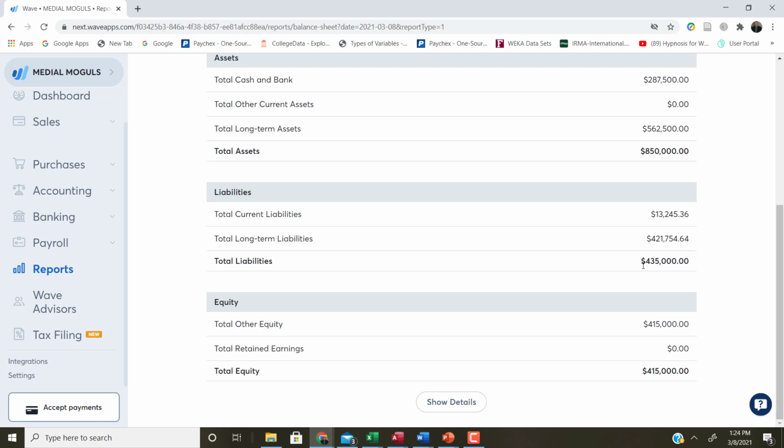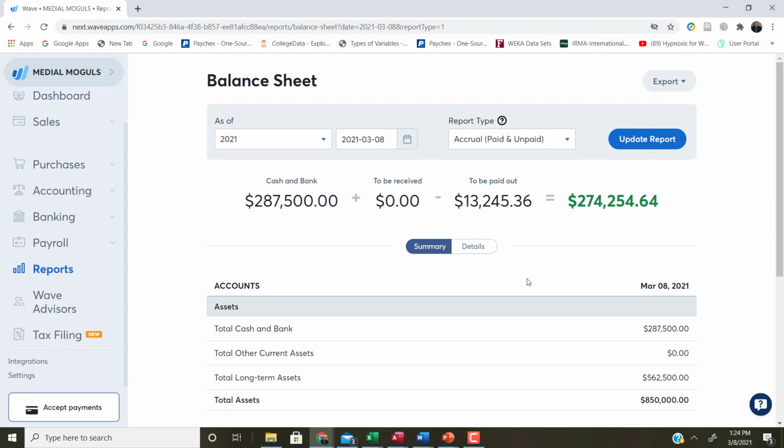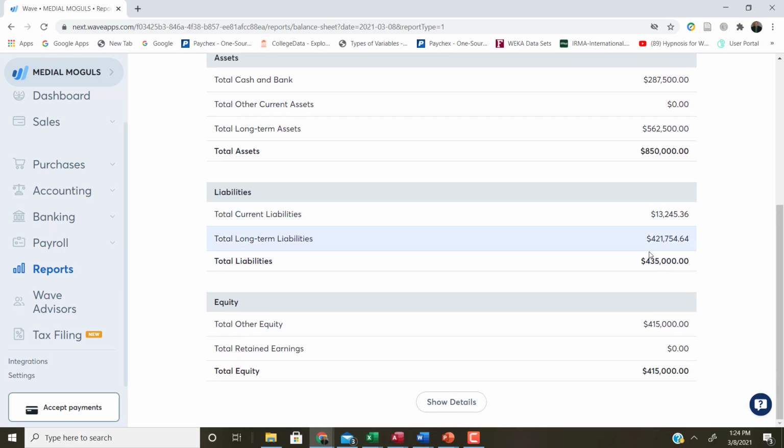But if you'll notice here, I've got my liability side, here the total current, and this is going to equal this guy right here, by the way. And here are the longer term liabilities. What they don't do is they actually don't add these two together in terms of total liabilities and equity, which is what you would see on a balance sheet. But you can just see 435 plus 415 is going to be equal to 850.